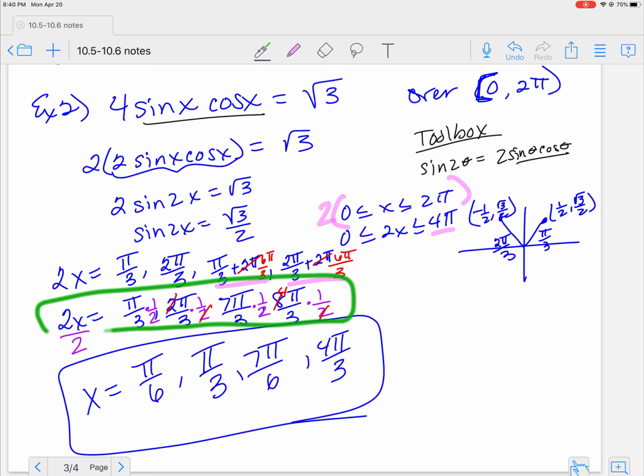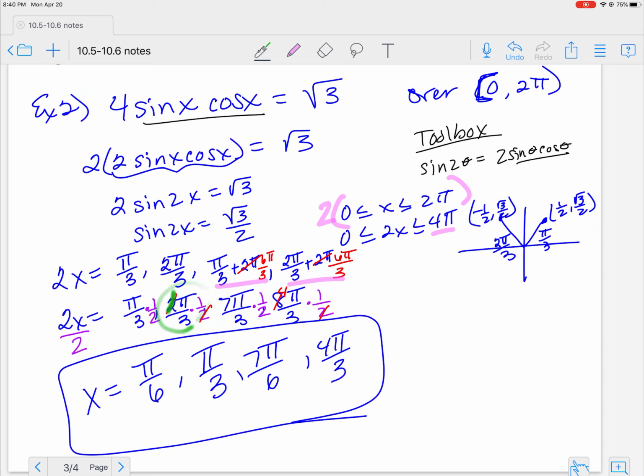Now, my question is, what values of x do I need? If I'm just looking at my values of x, if you divide both of these by 2, same thing as multiplying by 1/2. Multiply that by 1/2, you get pi over 6.